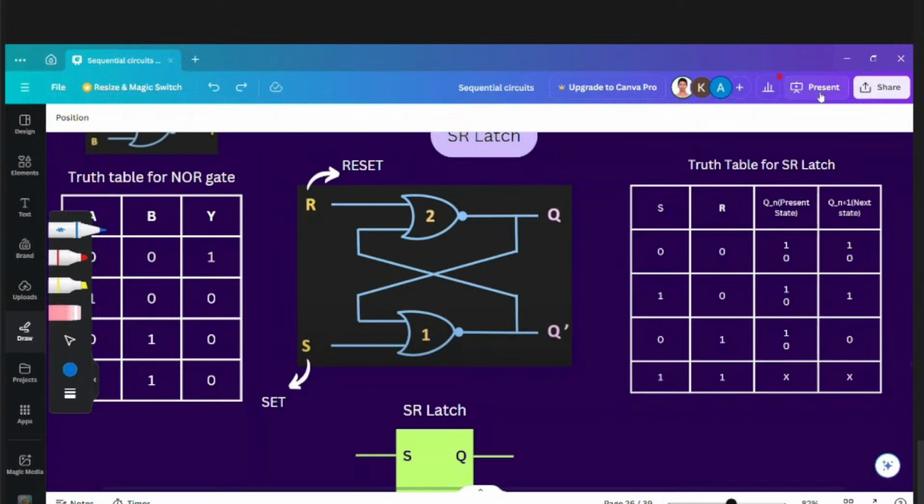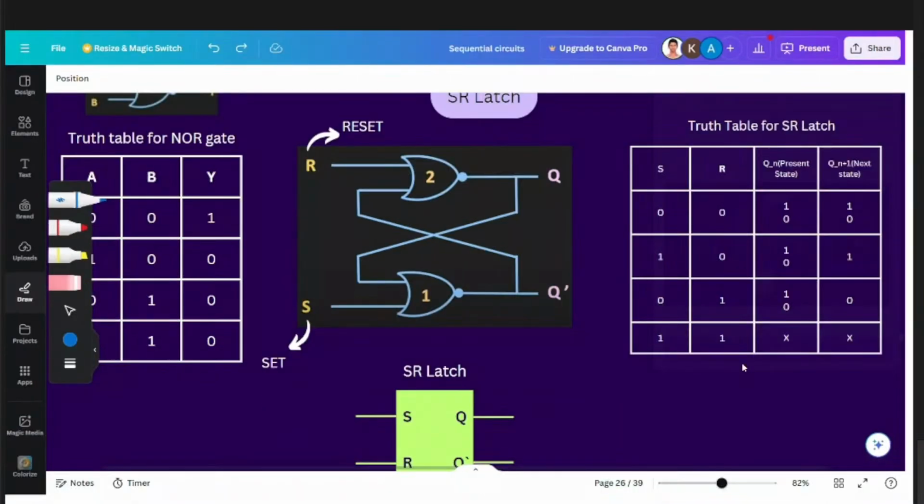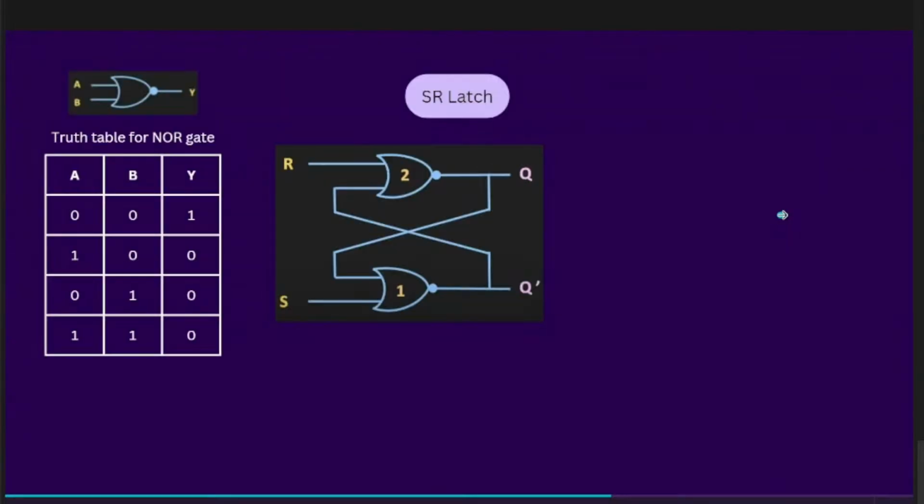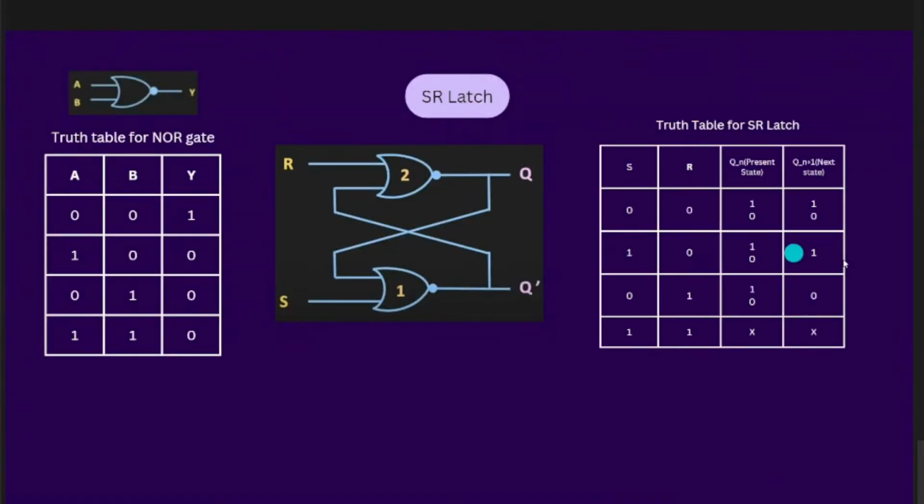So you can check the truth table here. 0 and 0, it retains its previous state. If set pulse is 1, then irrespective of the previous state, the next state will be 1.